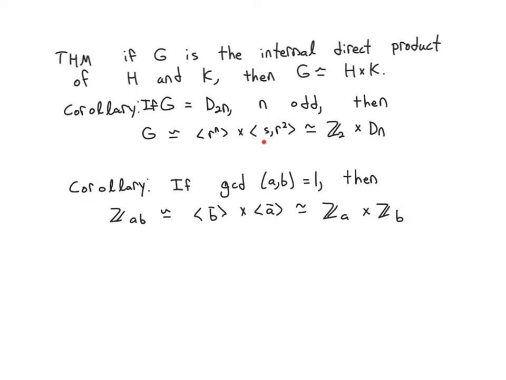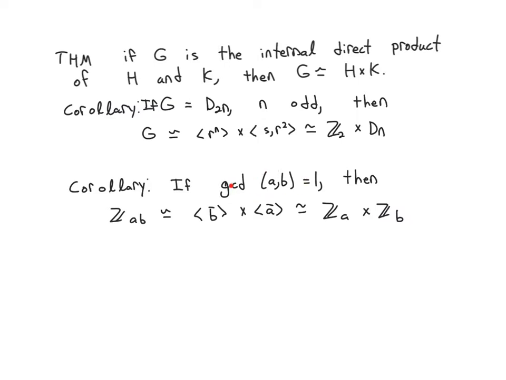I pointed out that the second group is isomorphic to the dihedral group of order n, well, of order 2n technically, and the other one's just C2. So in this case, this dihedral group is actually isomorphic to a direct product of smaller groups.